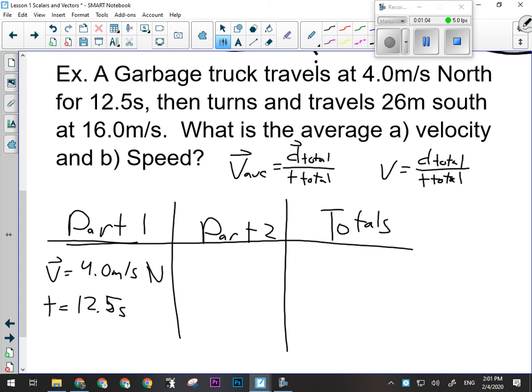In part 2, we're told that it travels 26 meters south. So we're told its displacement during part 2, and that it does that at a velocity of 16.0 meters per second south. If I want to find average velocity, I need the total displacement and the total time.